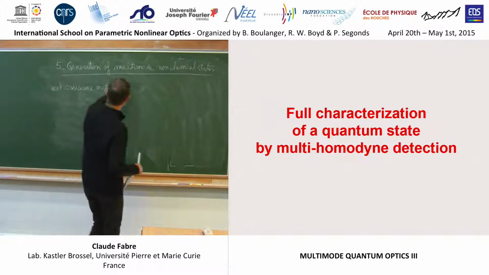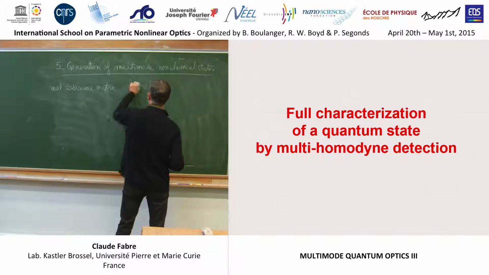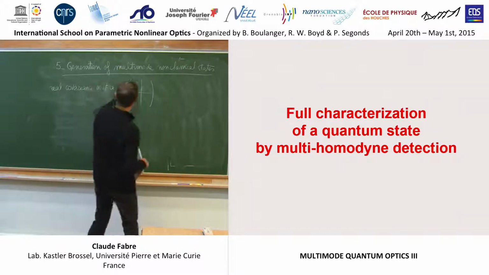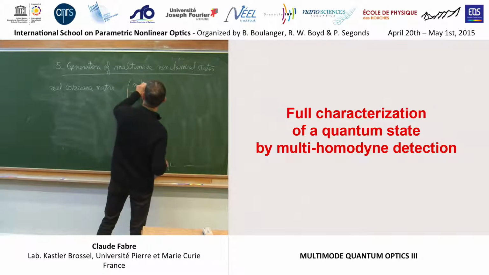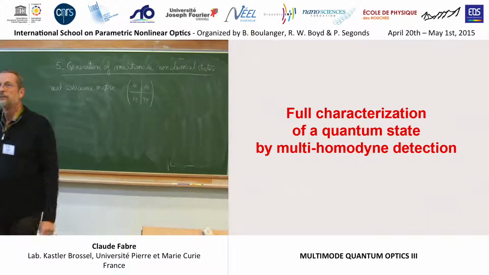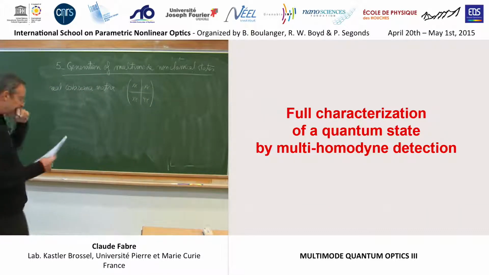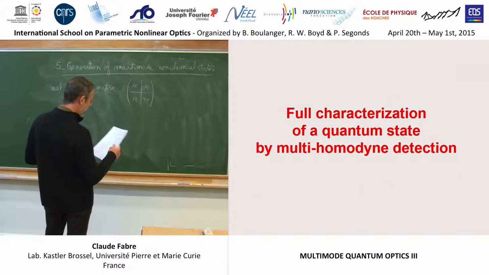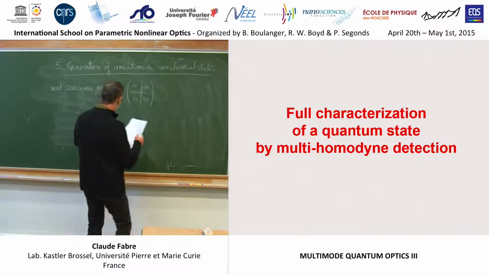This covariance matrix will be the big one with two NM dimension, containing the XX correlations here, the XY correlations here, and the YY correlations here. This is what I call V.